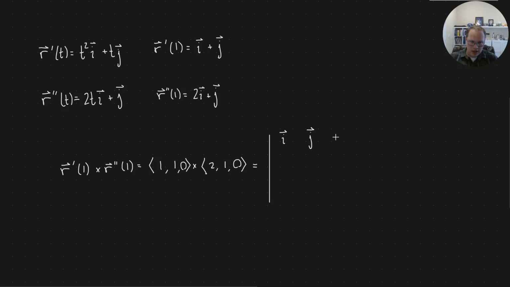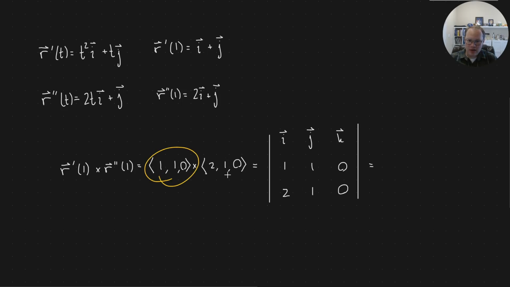So i, j, k, first vector first: 1, 1, 0; second vector second: 2, 1, 0. Take the cross product. For i, I get 0 minus 0, so no i's. For j, also 0 minus 0, no j's. That shouldn't be surprising if you think about it.